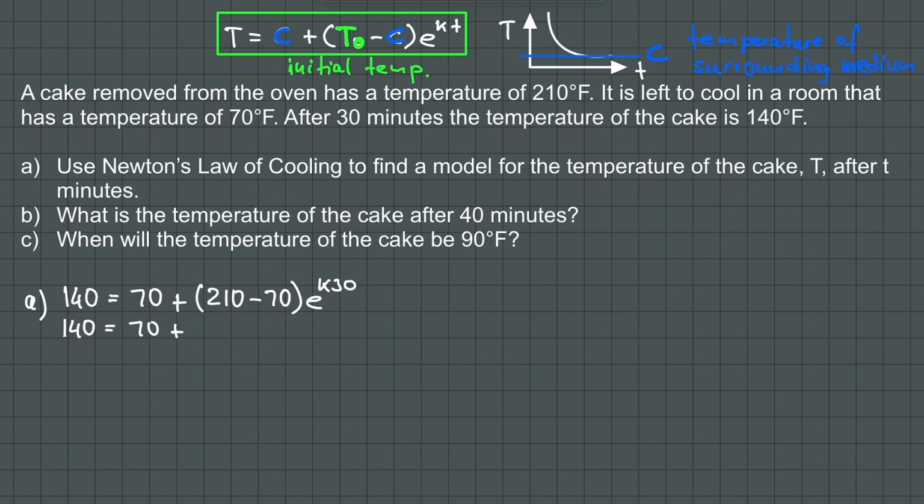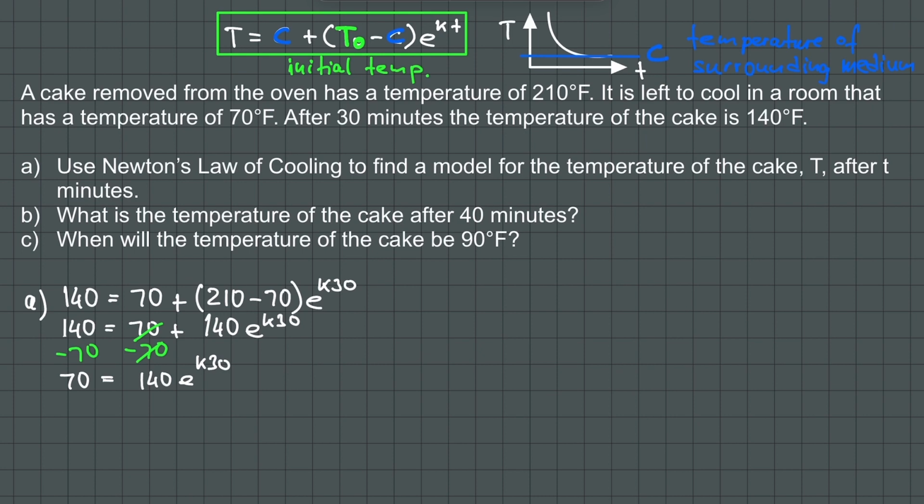210 minus 70 is 140. And after subtracting 70 from both sides, we get 70 equals 140 times e raised to the power of k times 30.